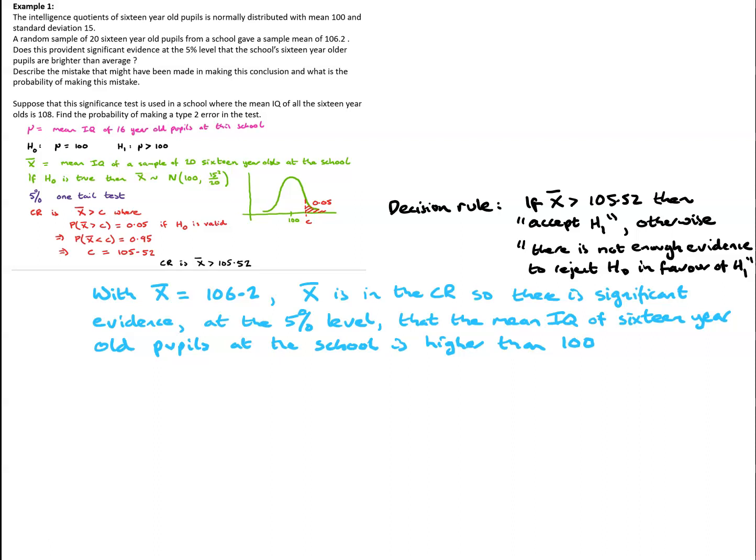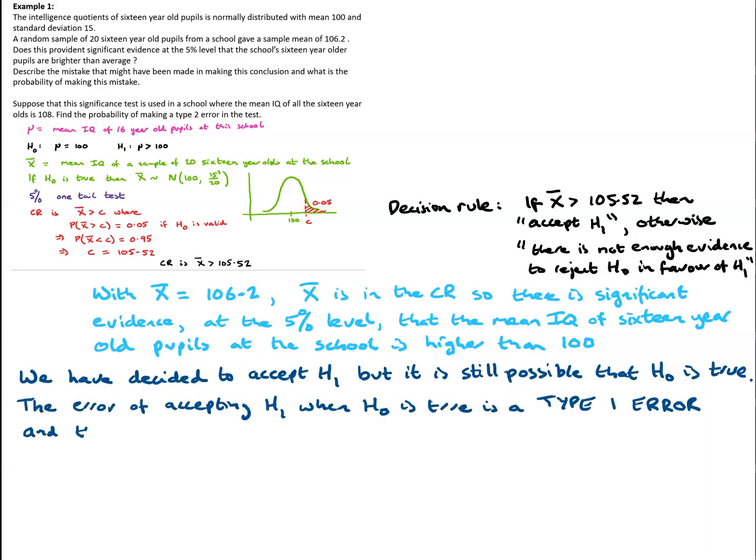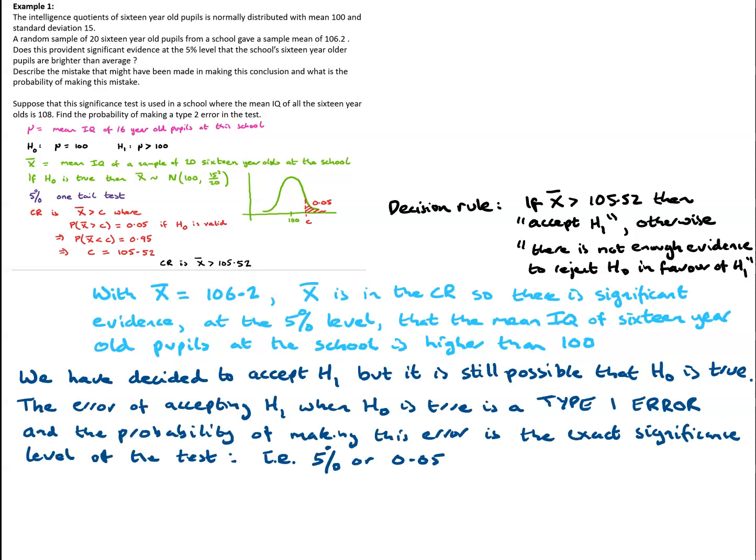The mistake that we might have made in deciding to accept the alternative hypothesis is that the null hypothesis might actually be true. So the fact that we've decided to accept the alternative hypothesis means it's still possible that the null hypothesis is true.